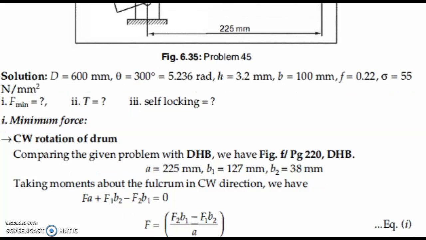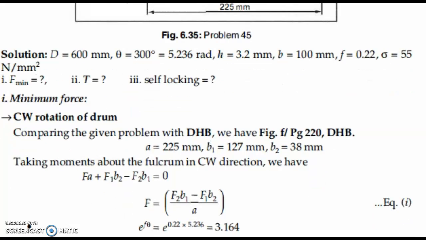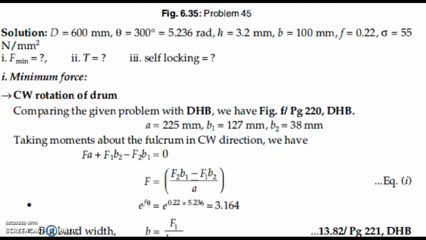Comparing with our figure, B1 is equal to 127 and B2 is equal to 38. Now taking the moment about the fulcrum, F is equal to (F2 into B1 minus F1 into B2) divided by A, and e raised to mu theta is equal to 3.164. We can find that from the given data of our question.